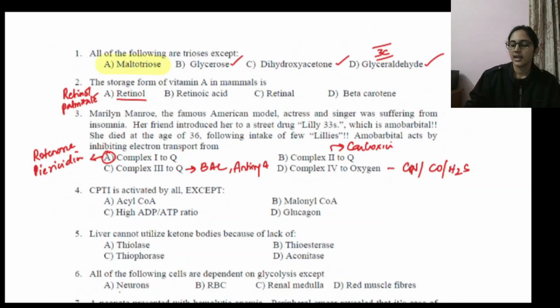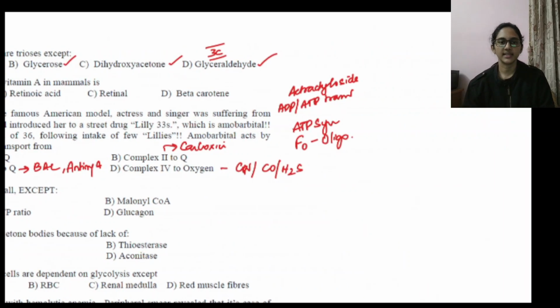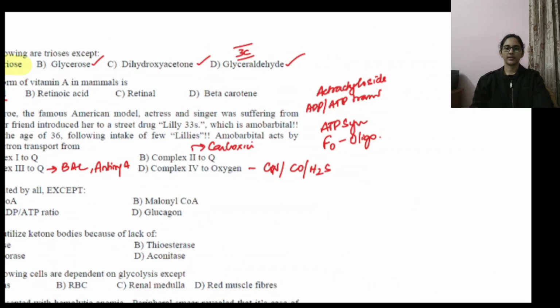And the ATP synthase complex FO inhibitor is oligomycin. And the ADP-ATP translocase inhibitor is atractyloside. So all ETC inhibitors are very, very important. You will definitely get them.